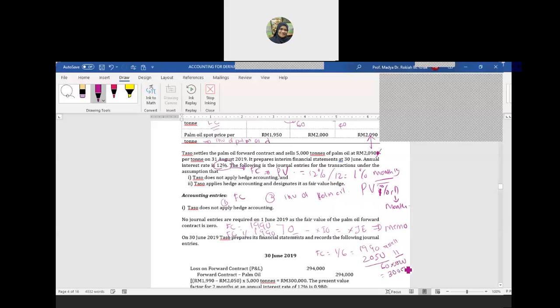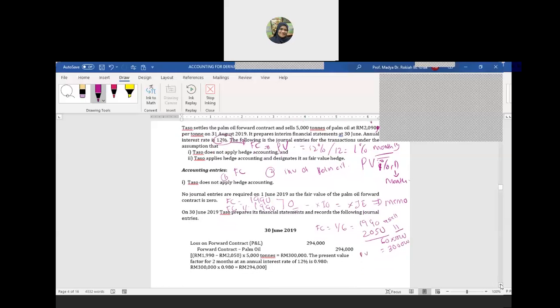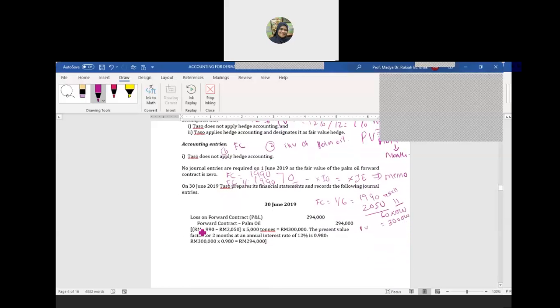This 300,000 you need to present value. We cannot use the 300,000 as is. The R here is 1% and the N is 2 months, from 30th of June until 31st of August.